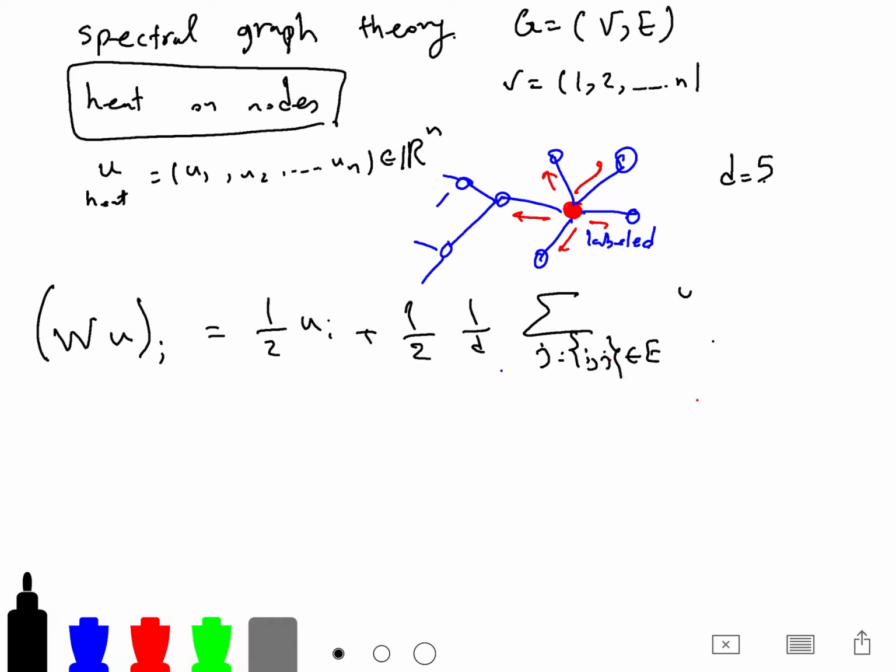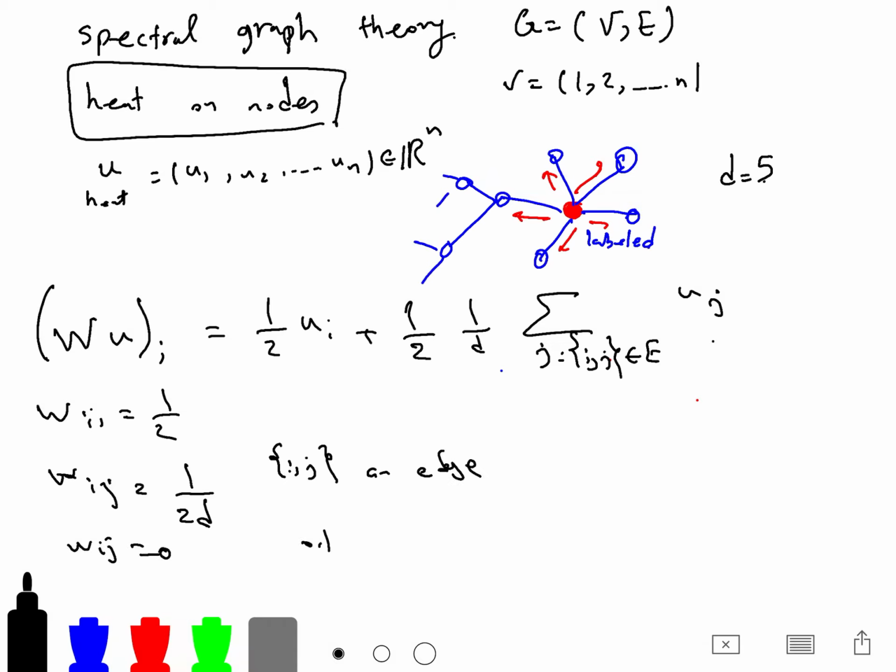If ij is an edge, you see that w_ii is 1, and w_ij is 1 over the degree, and otherwise it is 0. So you see that W is real and symmetric.